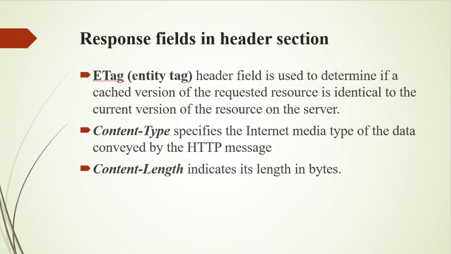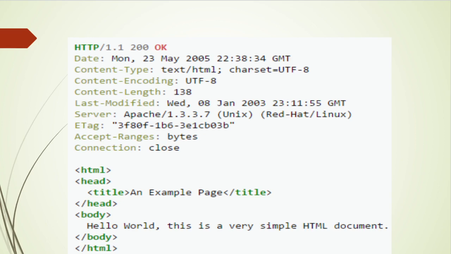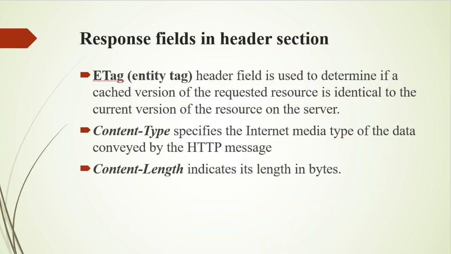Content type specifies the internet media type of the data conveyed by the HTTP message. For example, here content type in the third line is text/html; charset=UTF-8. And content length indicates its length in bytes.